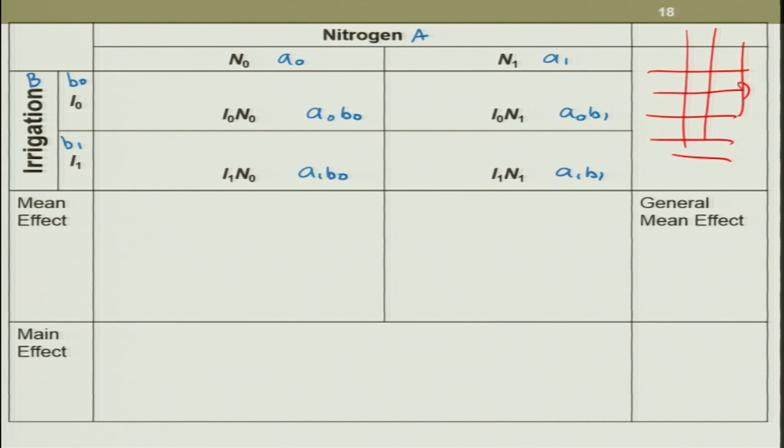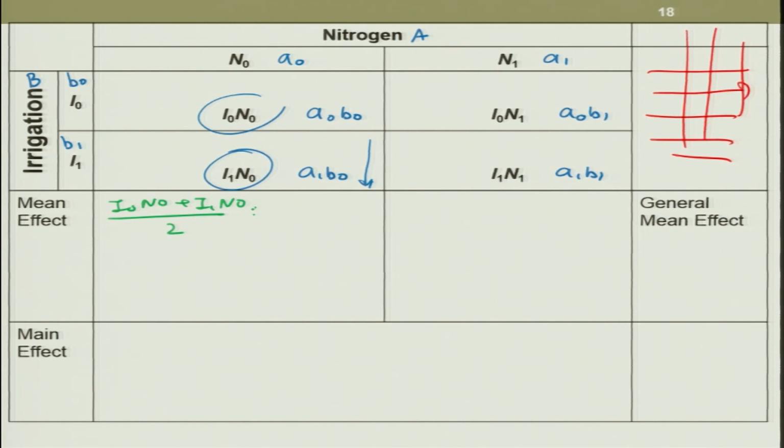Now, I try to take the arithmetic mean of these 2 observations, and I try to find out I0 N0 plus I1 N0 divided by 2.